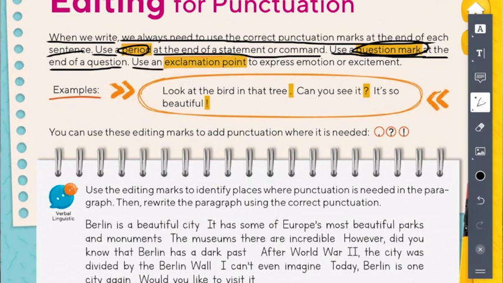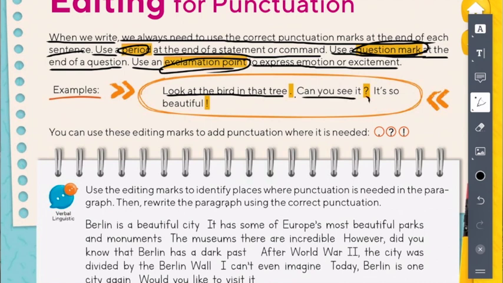Use an exclamation point to express emotion or excitement. So for statements and commands, we're going to use a period at the end. For questions, we're going to use question marks. And for sentences that express emotion or excitement, we're going to use an exclamation point, right?